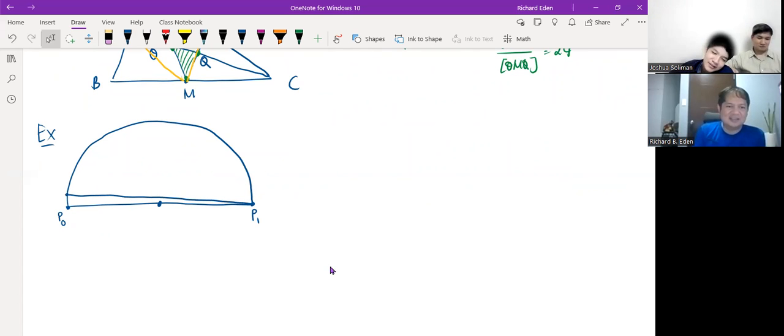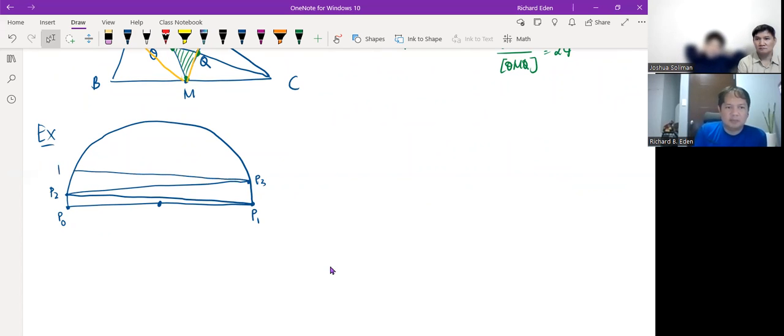Then this is P2, and then P3, and then P4, okay, and so on. But here are the givens.